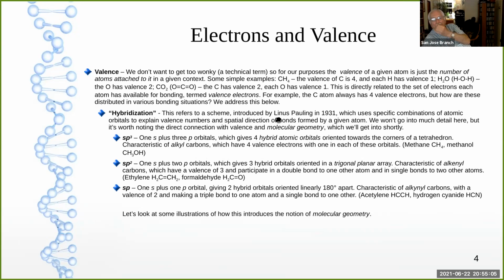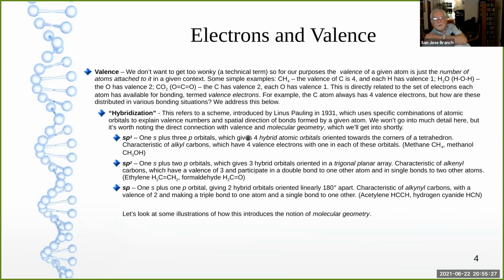And Linus Pauling came up with this scheme called hybridization, which uses combinations of these atomic orbitals to explain the valence numbers and the geometry, the spatial direction of the bonds that are formed by a given atom.